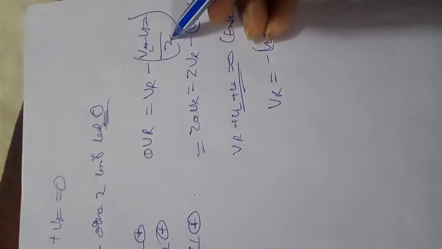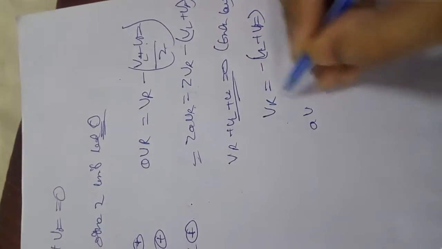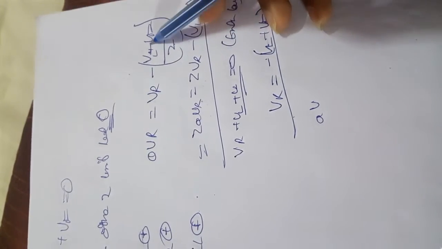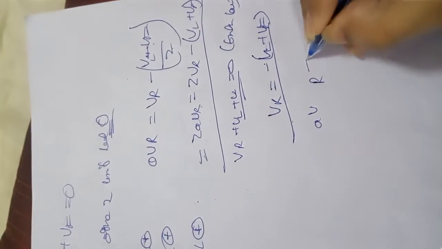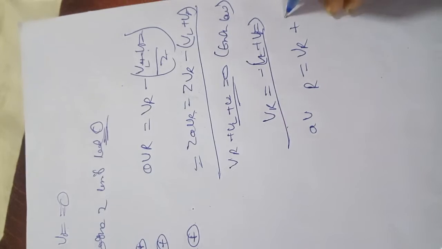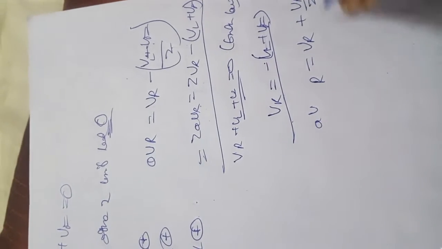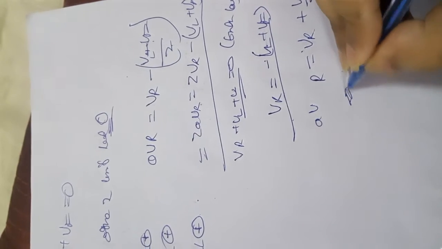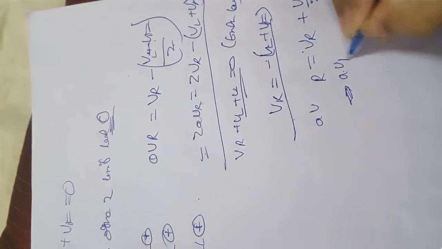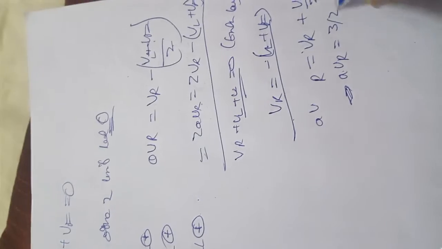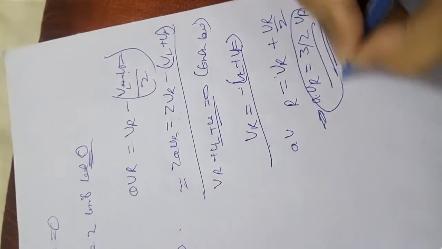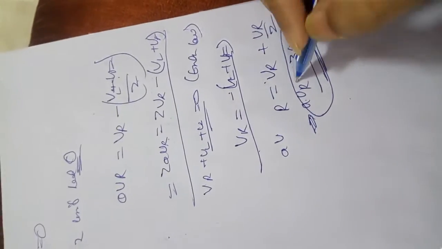So we substitute this in the first equation, and we get AVR is equal to VR plus VR by 2, which is equal to AVR equals 3 by 2 VR. So augmented limb leads increase the potential by 3 by 2 times that of the bipolar basic leads.